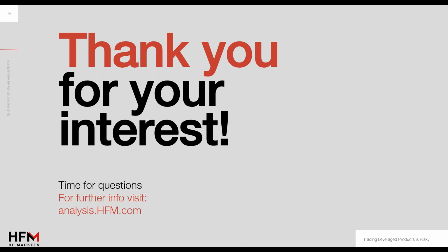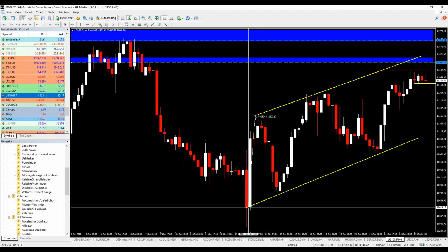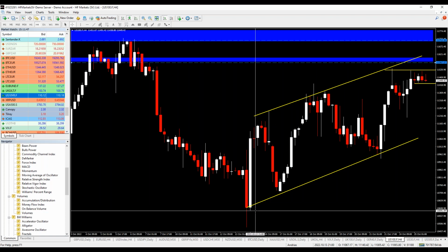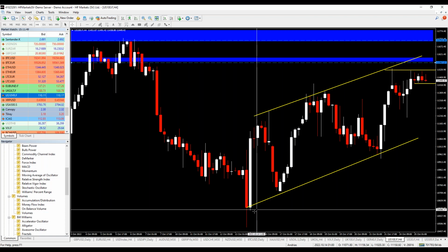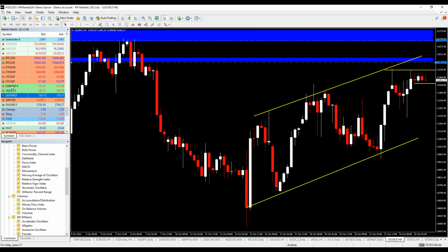Okay, one more question. How can I find the measuring tool? Good question actually. We don't have a measuring tool, but can you see this arrow, this crosshair over here? So what I do, I measure with that. You need to keep your mouse pushed and drag and drop, and you can measure it like that. You see 630 points.